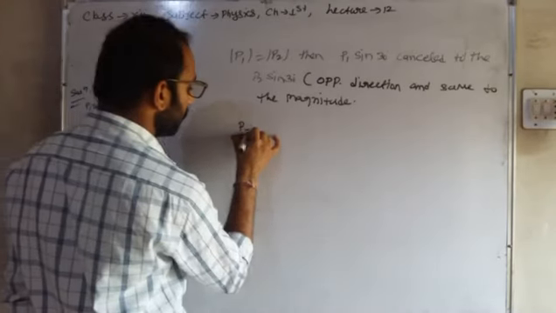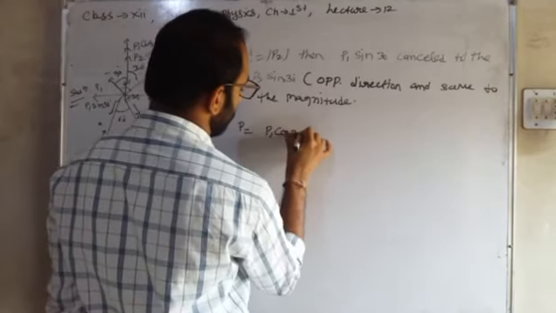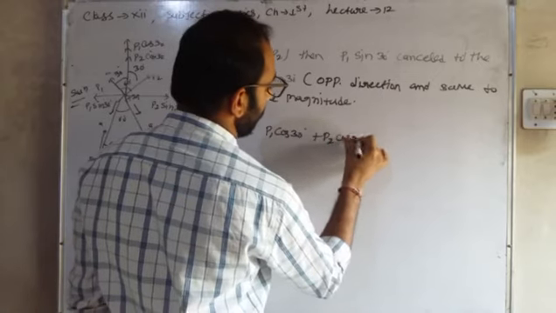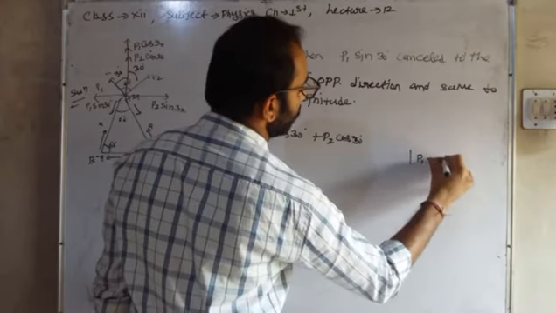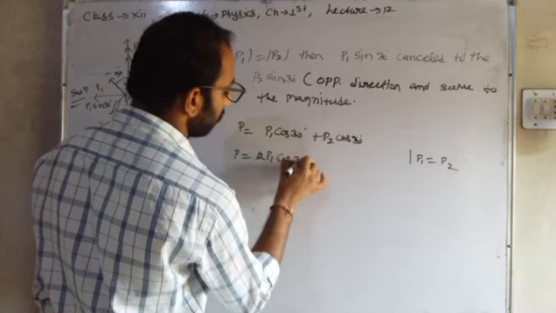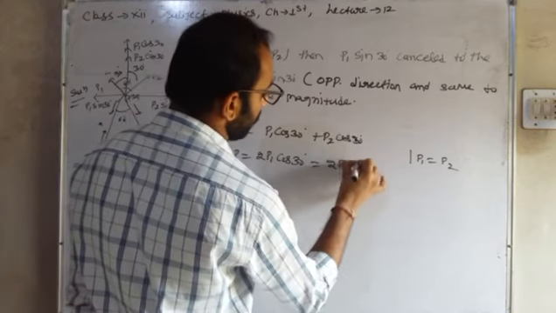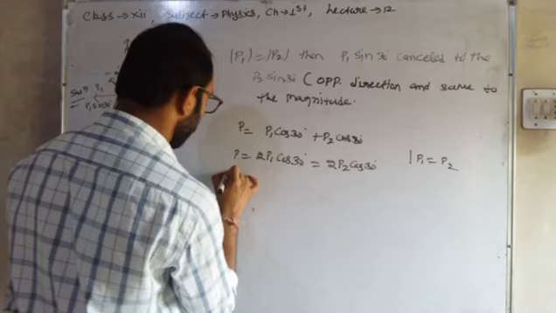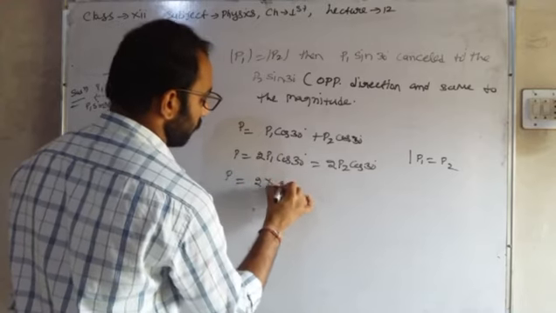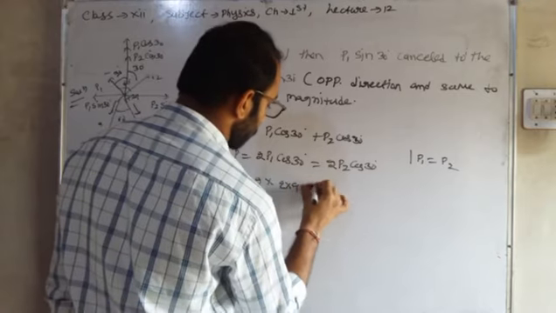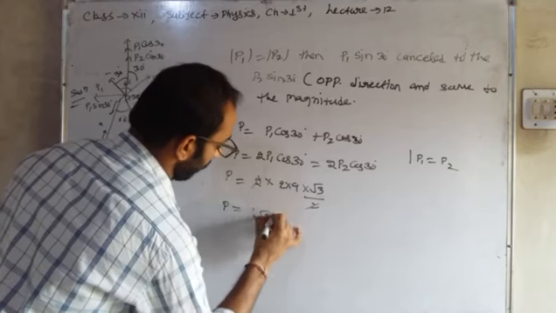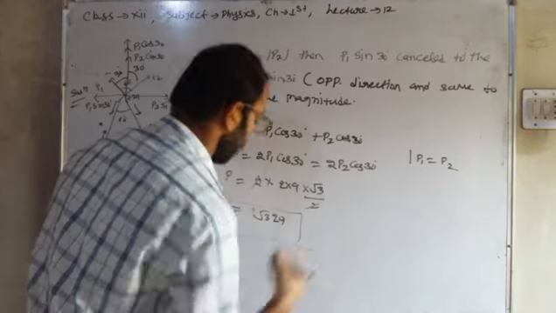The total dipole is P1 cos 30 plus P2 cos 30. P1 equals P2, so P equals 2P1 cos 30. Put the value of P1 and cos 30 as root 3 by 2: P equals q multiplied by a into root 3 by 2 into 2. Cancel out 2 with 2. P is equal to root 3 qa. This is the answer. Okay.